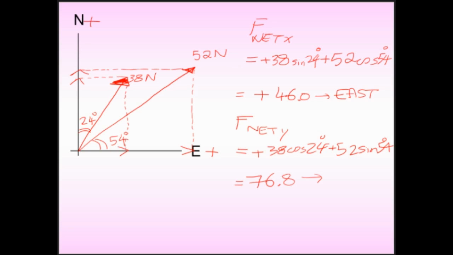Confirmation, just one more hand. Anyone? In the north direction. All right. What's the step always after? Always. Say it. Pythagorean and tangent. So F net as a full expression is the square root of the squaring of both of these.